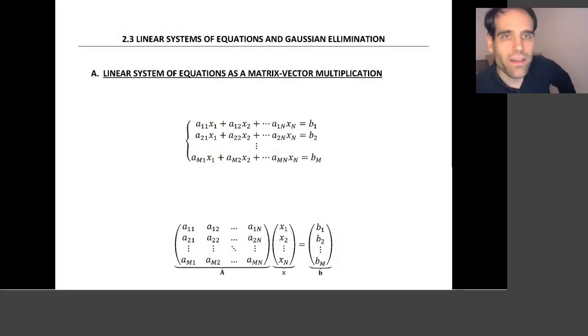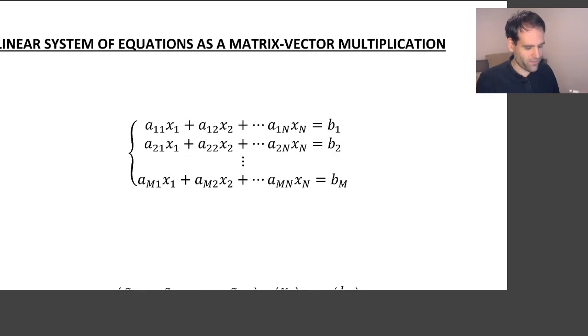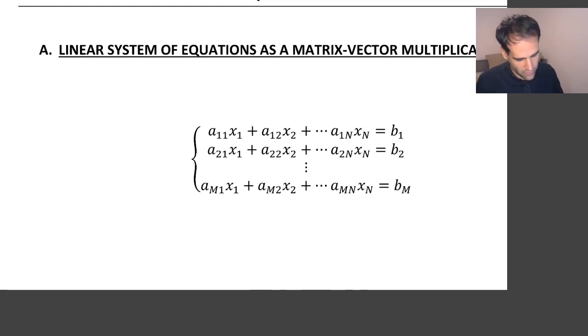So a linear system of equations is basically a collection of different equations in which we have certain variables which are unknown quantities. Let's say that you have a certain number of unknown quantities. We could call them whatever we want, but for simplicity, let's call them x1, x2, and so on, and let's say we have n unknown quantities.